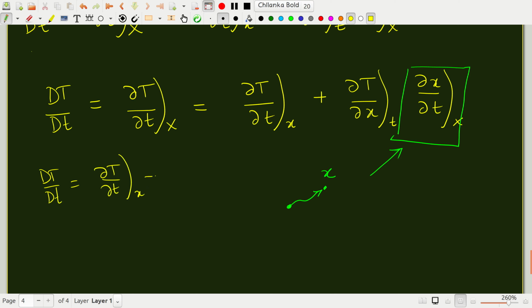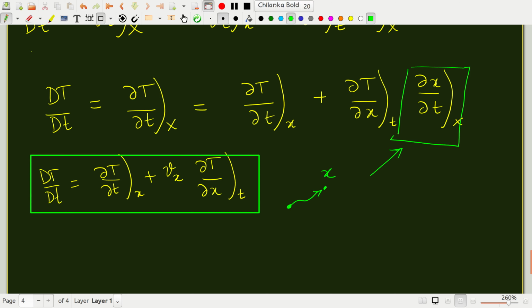So I can rewrite this expression as dT by dt is nothing but partial temperature partial time at constant x, plus, instead of this, I'm going to write v sub x. The x denotes the x component of the velocity. So this expression is called the substantial derivative of temperature, and this comes directly as a consequence of the basics of multivariable calculus.